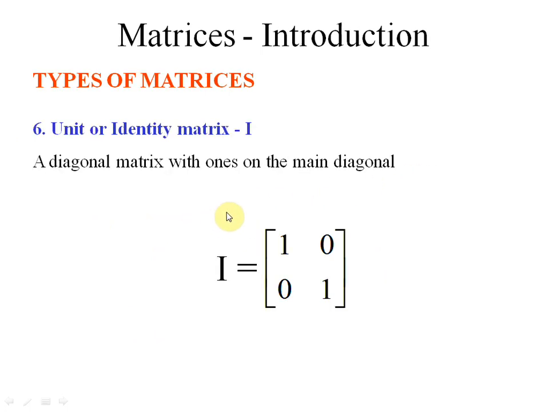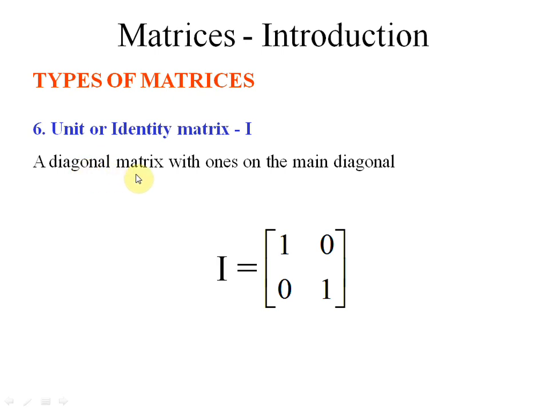The next one is the unity or identity matrix. The identity matrix is the magical matrix. Magical means that if we multiply this matrix with any other matrix, there will be no change in the other matrix. In further studies of the matrix inverse, we can apply this matrix to any other matrices.